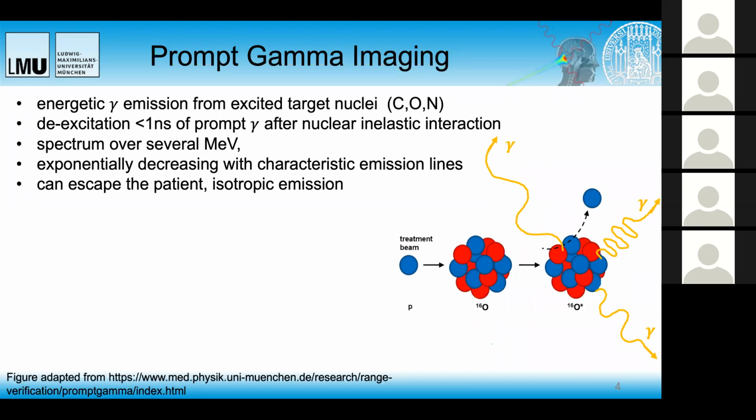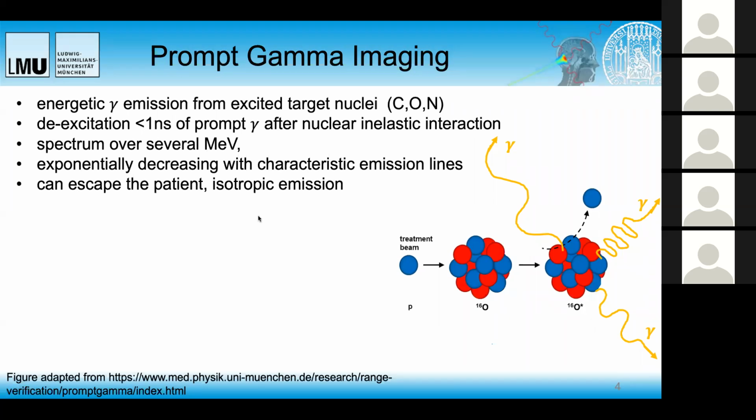What's also interesting to mention here is that the energy of the prompt gamma spans several mega electron volts, which is then exponentially decreasing, and it also has some characteristic emission lines. Most importantly, the prompt gammas have enough energy to leave the patient, and we can place detectors outside and measure these prompt gammas.